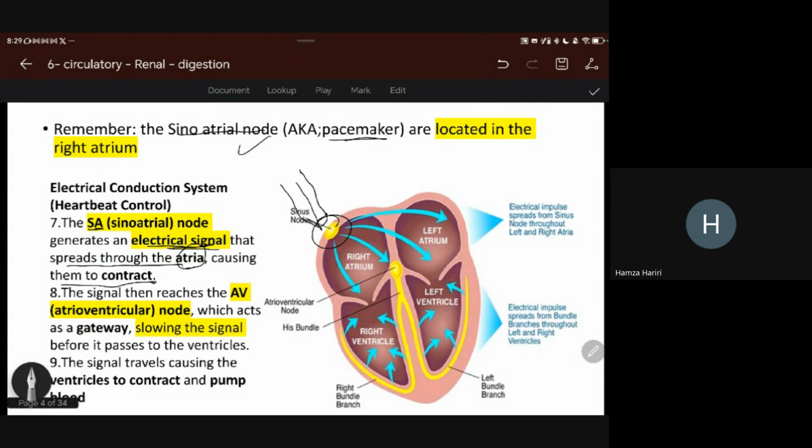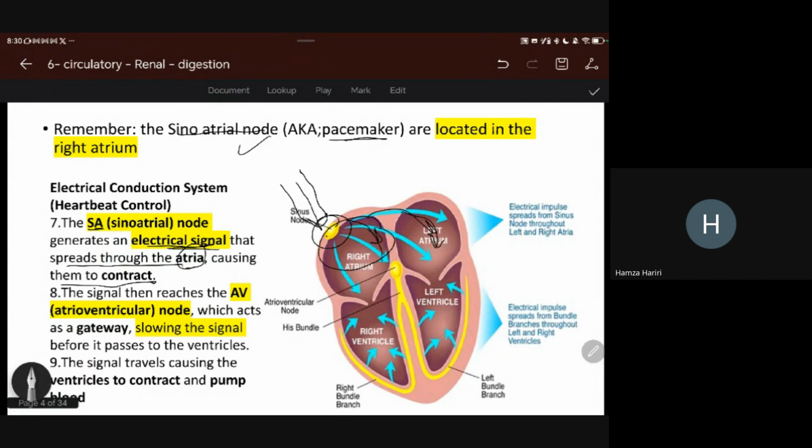Because it is found in this atrium, when the electrical shock gets produced, it travels into the atria, and what happens? They contract. The aim of this signal is to contract the muscle.